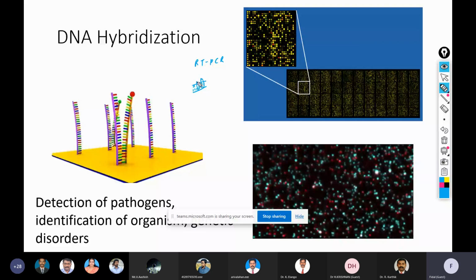Okay, and this is very sensitive. If there is no binding, if the signal is below the threshold, the sample is considered negative. But if the signal is above the threshold, it's considered positive. So based on how much signal is produced, you can really see a live stream of whether the organism is present in the sample or not. Okay, so this is very commonly used.